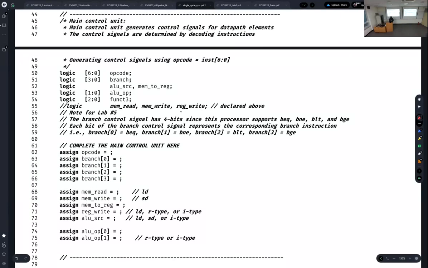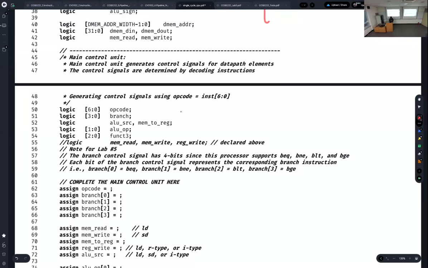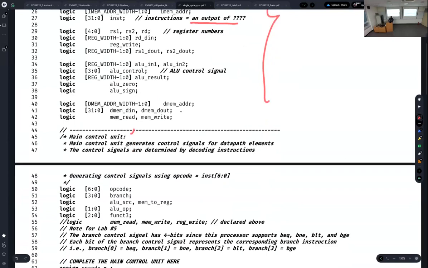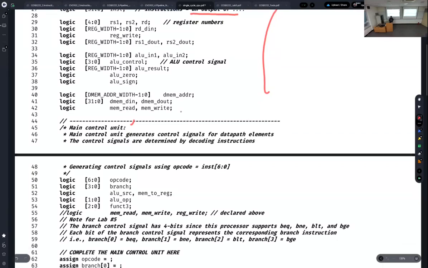This is the main control unit part. You can read the comments; I kindly added the comments for this design. So this is the main control unit.